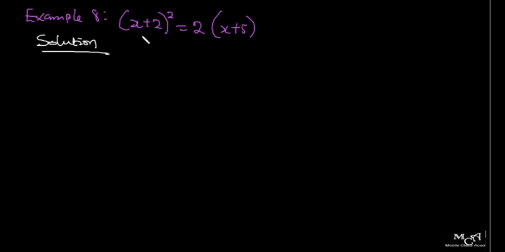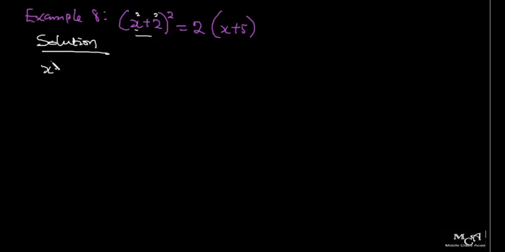Example 8. What do we have? We have this expression, and we are expected to solve it. So solution. This is a perfect square. In perfect square, you are to look for what? You are to square your first term, square your second term, and look for twice the product of first term and second term.